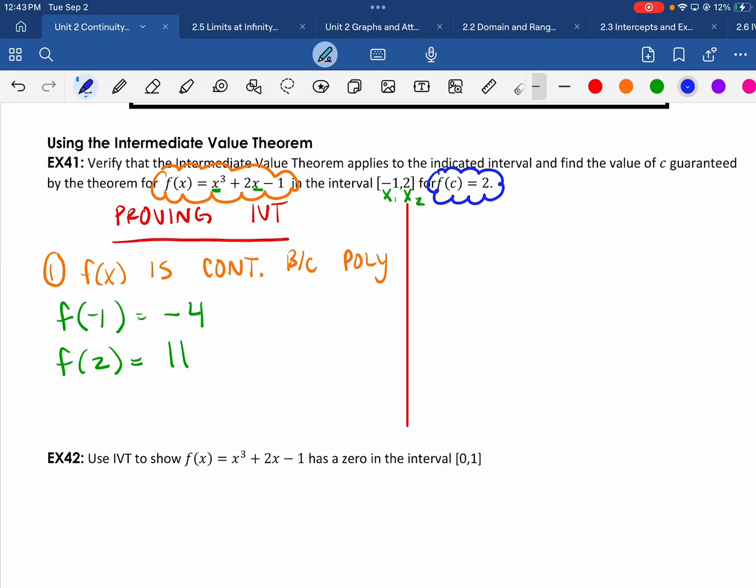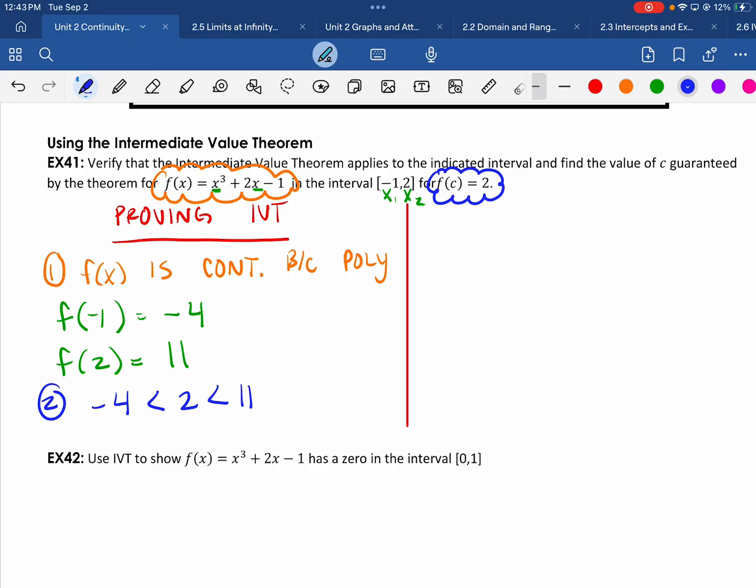Yes. And so you can write that in a sentence, if you want, like I did on the poster, 2 is between -4 and 11, or you can write it, and I think this is what we did last year, -4 is less than 2 is less than 11. Which is just the math way of saying 2 is between -4 and 11. Either one will be accepted on the test.